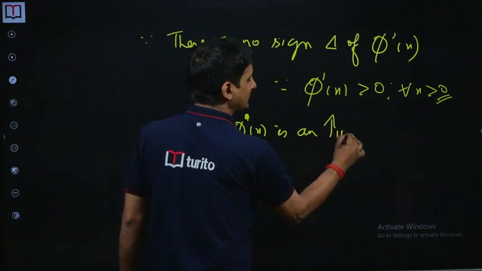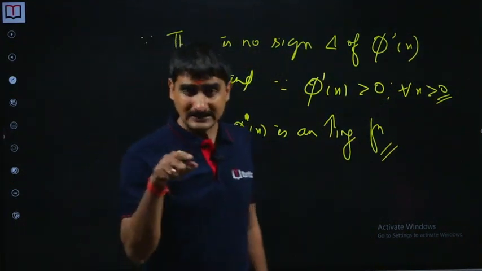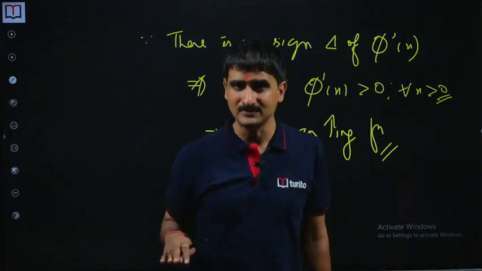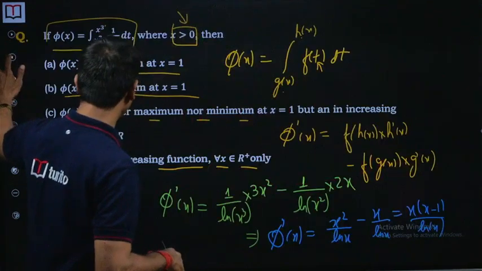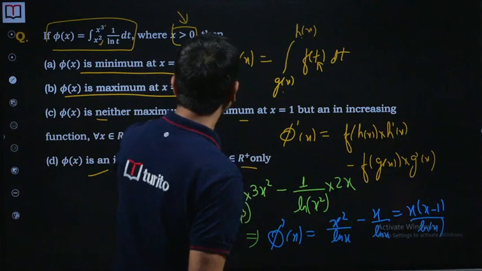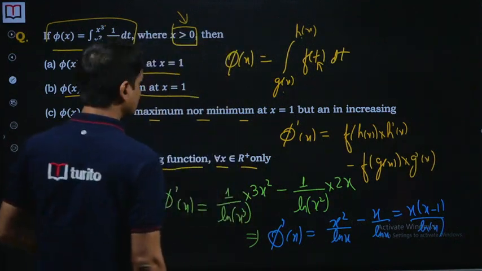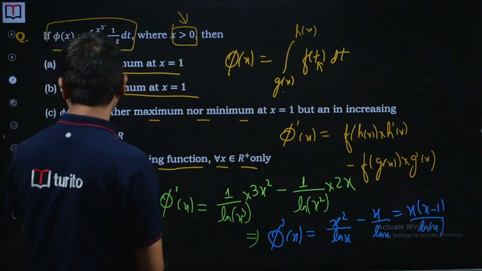So that's again one of the interpretations. Either you can say phi x has no maxima, no minima at x is equal to 1, or it is always an increasing function. So let's look at it. Phi x is an increasing function, that's true, it is neither maximum nor minimum, but an increasing function for us.